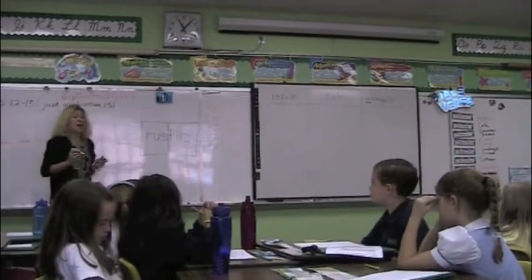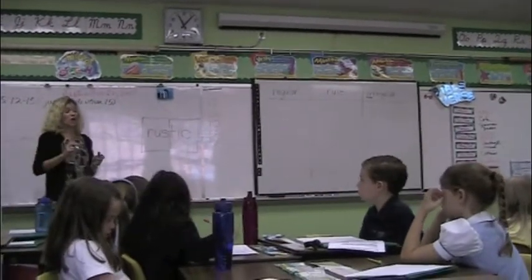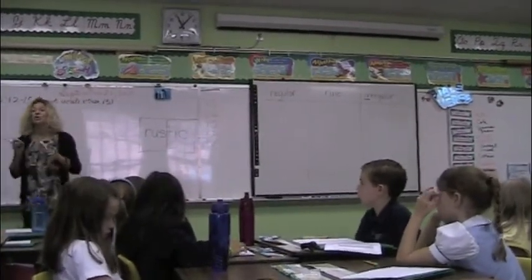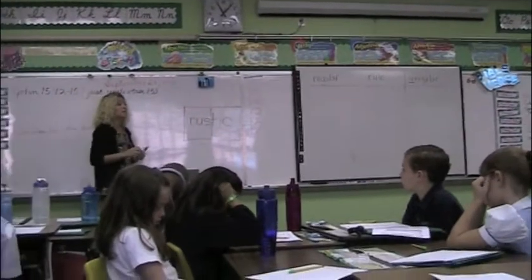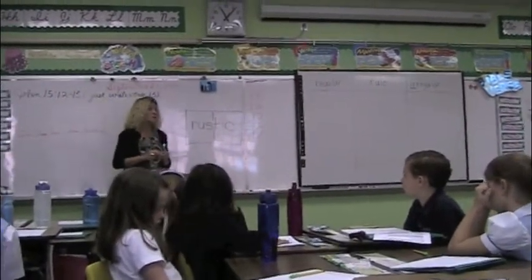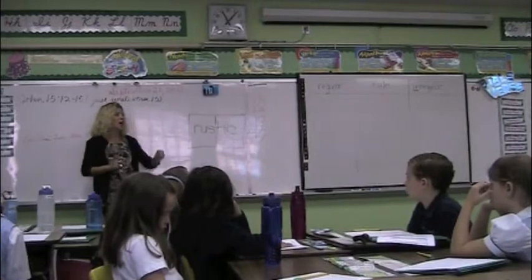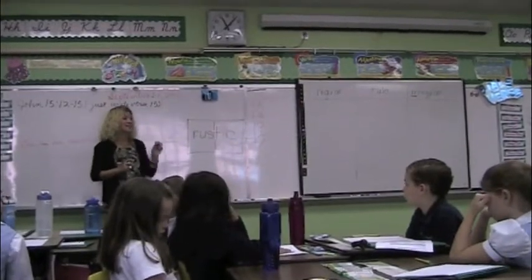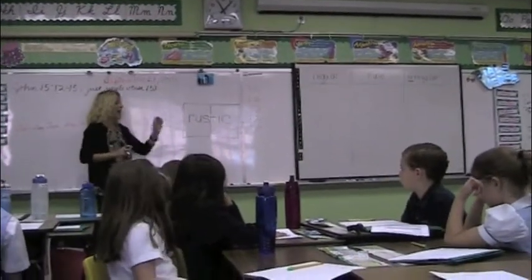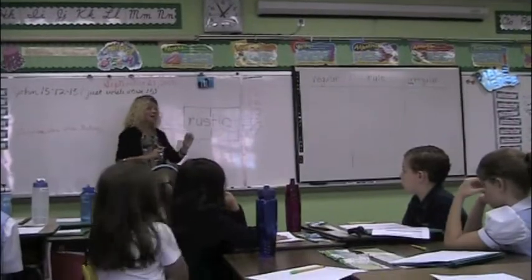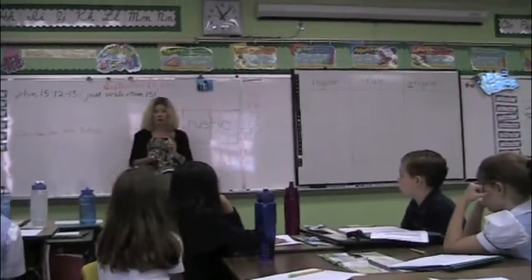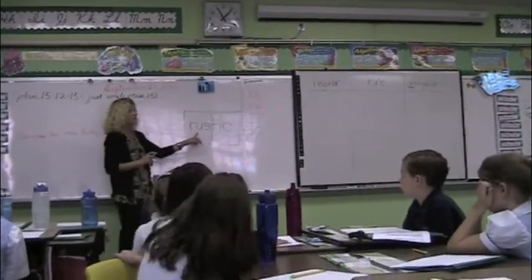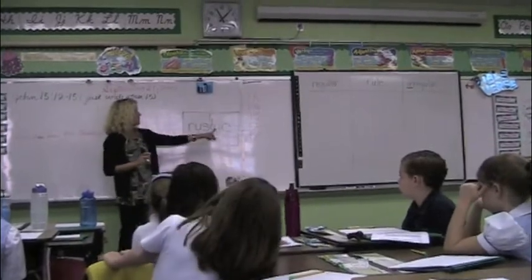2. If you ever see a word on the board and you don't know how many syllables it is and you don't know what the word is, let me give you a big hint. This will be important in middle school and high school. Count the vowels that make a sound. If you count the vowels that make a sound, that's how many syllables there are. So let's count the vowels that make a sound. 1, 2.